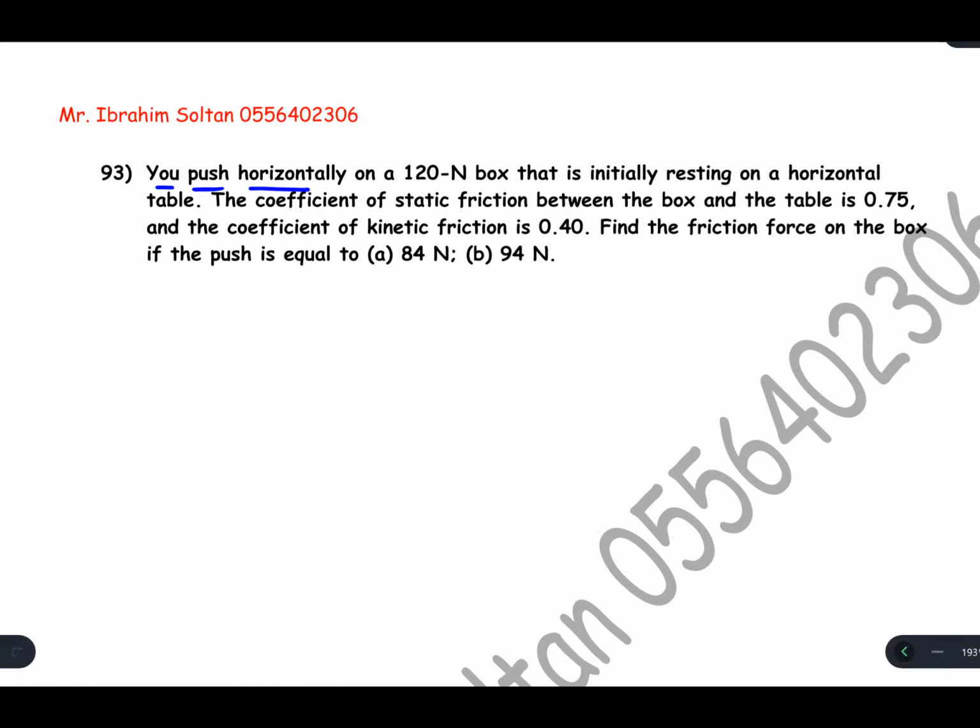You push horizontally on a 120 Newton box. This is the weight of the box that is initially resting on a horizontal table. The coefficient of static friction between the box and the table is 0.75, mu s is 0.75, and the coefficient of kinetic friction is 0.40, mu k equals 0.40. Find the friction force on the box.